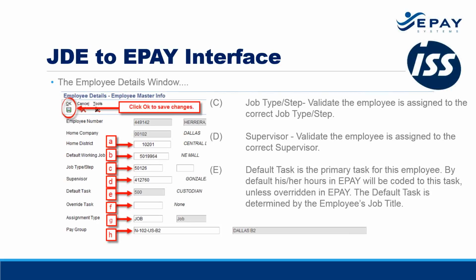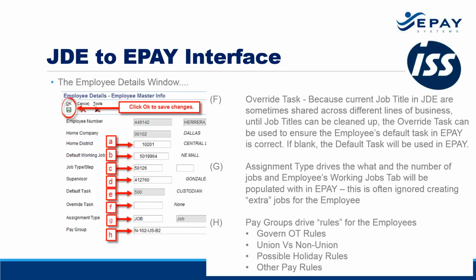So bottom line, this is a field that we need to get right, because the task will determine some information when it gets back to JDE during the payroll process. And just so you know, as I mentioned, step F is the override task. You have the option to clean up your task and override the task that's been given to you by ePay.